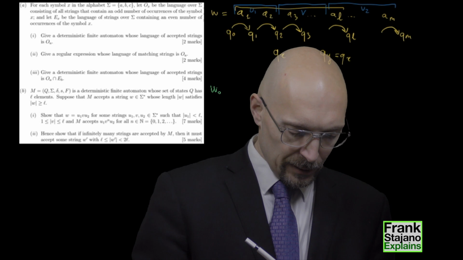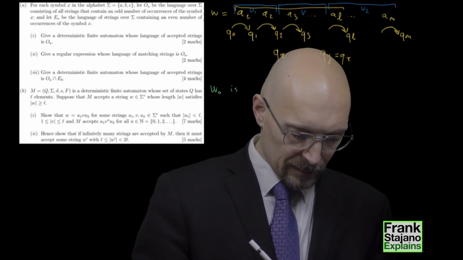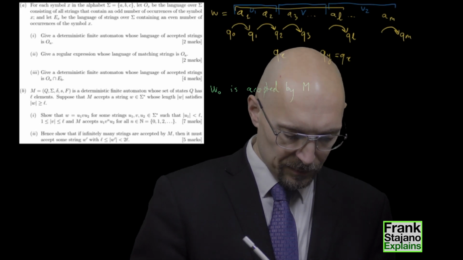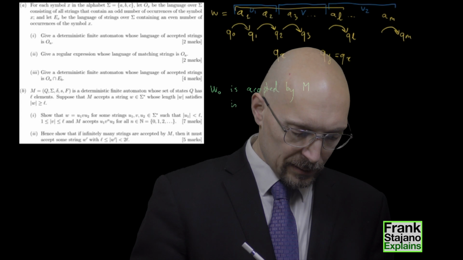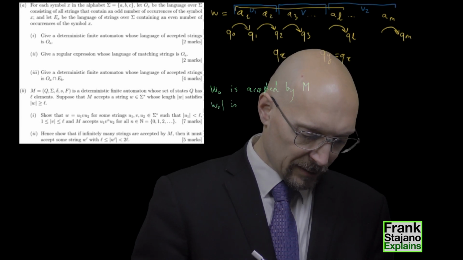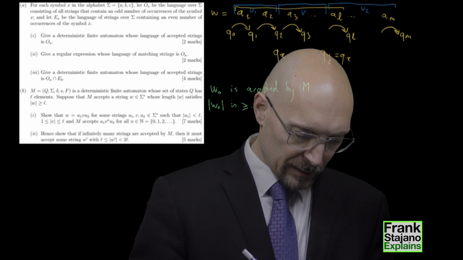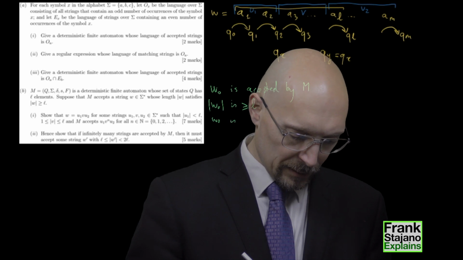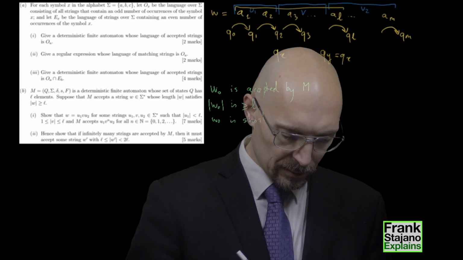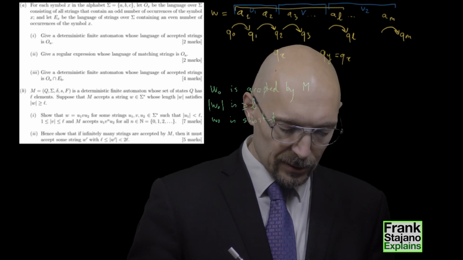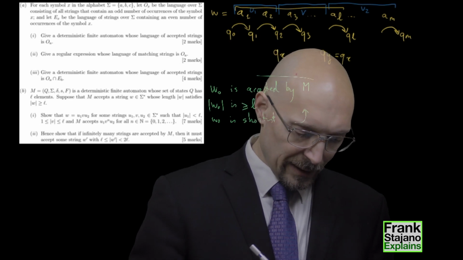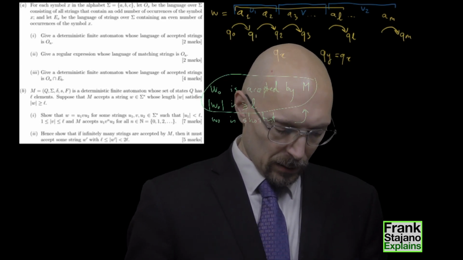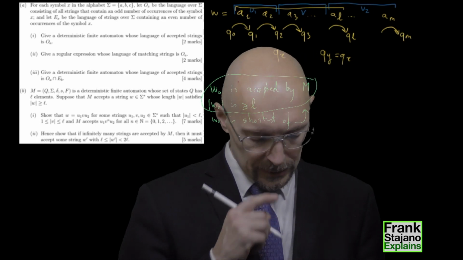W0 is accepted by M, is of length at least L, and is the shortest string that is accepted by M and of length at least L. Shortest of all these.